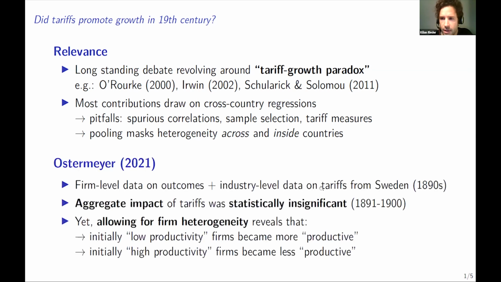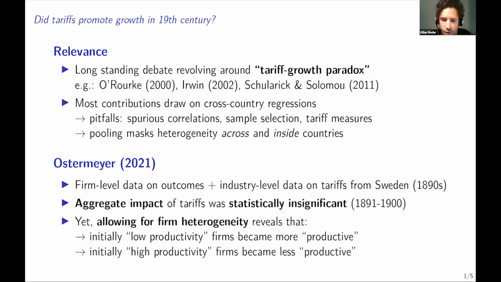And that's basically where Vinzent's paper comes in. He uses firm level data on outcomes and matches this firm level data with industry level data on tariffs in Sweden. He finds that the aggregate impact of tariffs on firm level productivity was statistically insignificant.